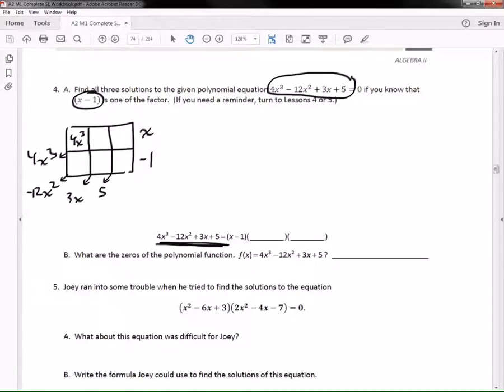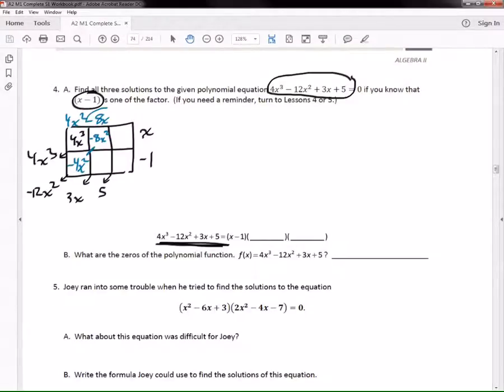Then my question is, x times what gives me 4x to the third? 4x squared. And then I put 4x squared times negative 1, which is just negative 4x squared. And then I think, what plus negative 4x squared gives me negative 12x squared? It is negative 8x squared. Then what times x gives me negative 8x squared? Negative 8x.